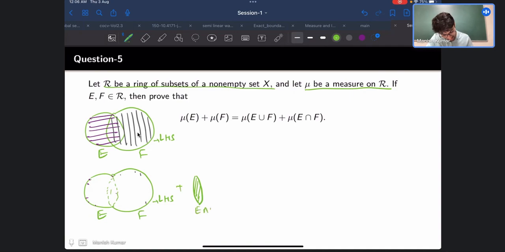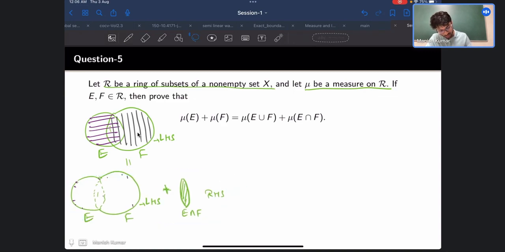This is E intersection F. You can clearly see that this should be true: the measure of the union of E and F plus the measure of the intersection should be equal to this thing, because when we consider the sum of the measures, the intersection part is being counted twice. So this is what this problem is saying. Now how to prove that? This was just to make you understand that this is not abrupt, it is coming naturally.